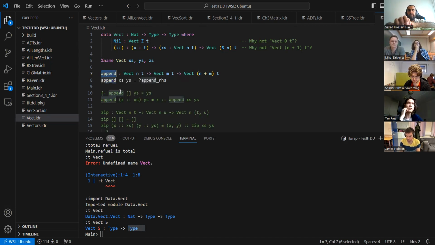Okay, then you create the base case. Now, your hint is the constructors of this data type. The constructors of that data type tell you that you need to do a case split somewhere. Now, where do you think that somewhere is?